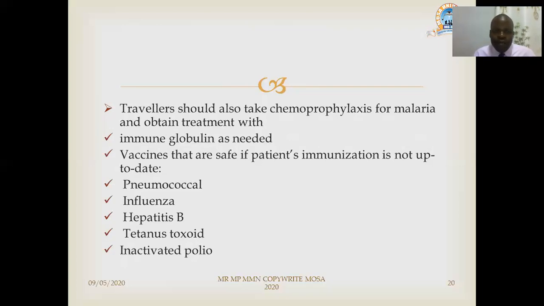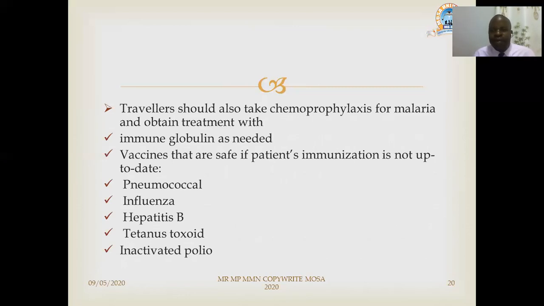Vaccines that are safe if patients' immunization is not up to date. So we have some vaccines which don't do harm to a patient who is HIV positive.